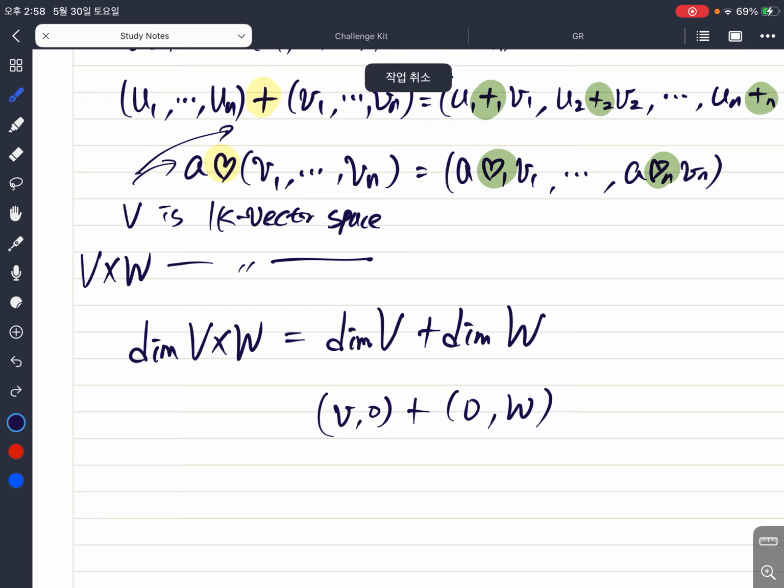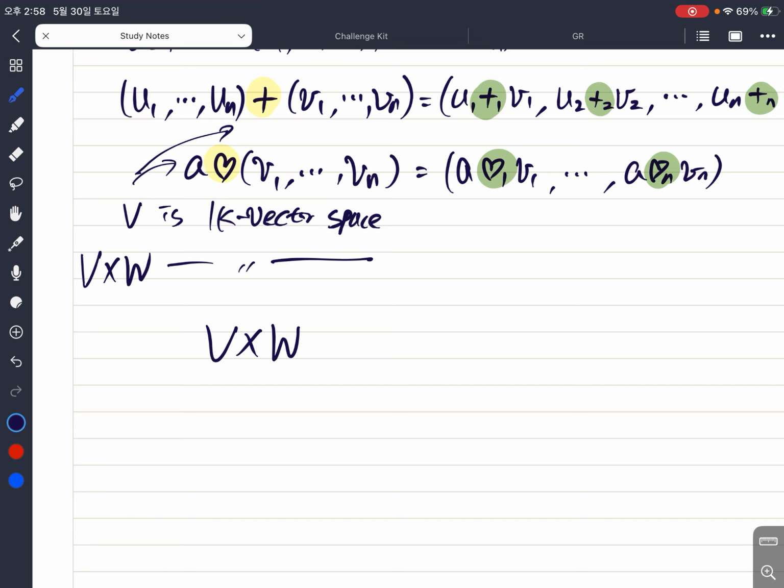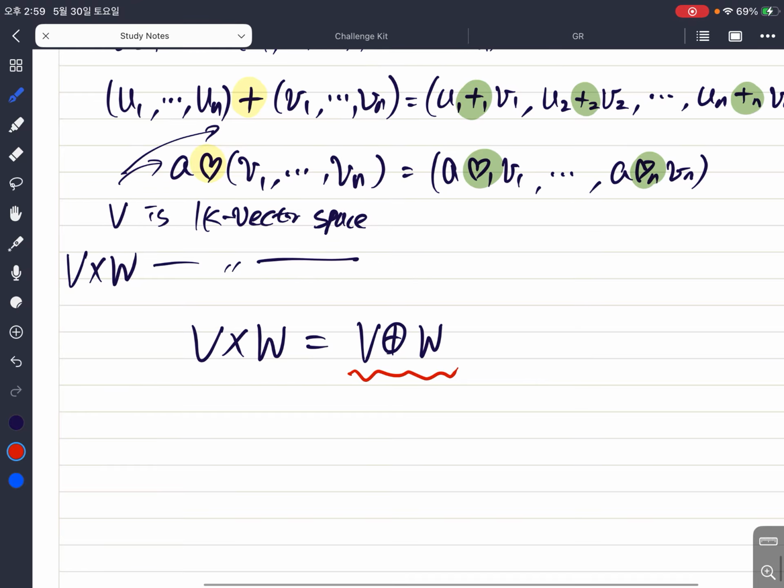What we can say is that we can view V times W as a vector space if there is some set X as a superset. Here I want to say this is V direct sum W, but there is one assumption. This cannot be defined randomly. This has some assumption.